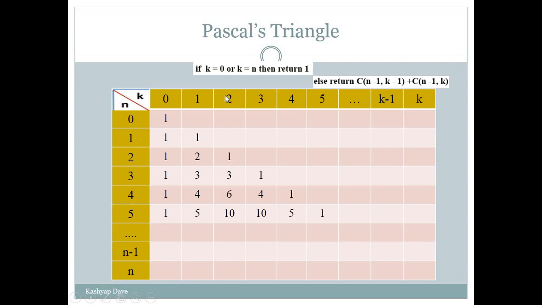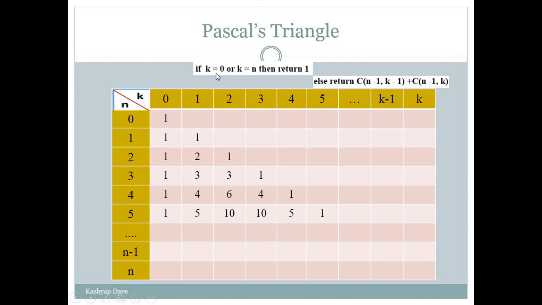Here k is equal to 2 and n is equal to 2, so this will be 1. Next, k is equal to 3 and n is equal to 3, so this condition says if k is equal to n, then return 1, so we write 1 here. Same for n equal to 4 and k equal to 4, so 1. n equal to 5 and k equal to 5, so 1. In the same way, we can calculate other values also.